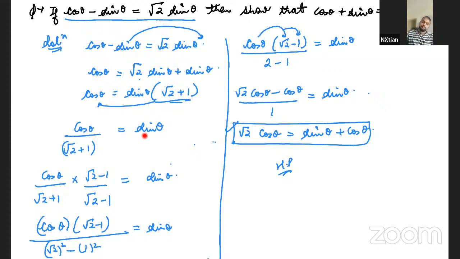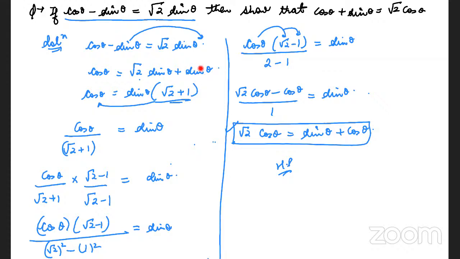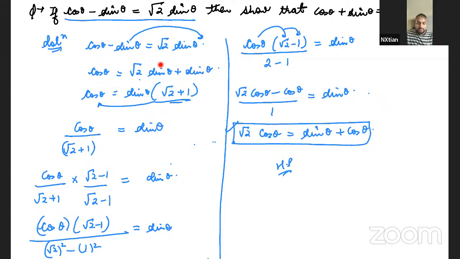Sir, you wrote sin theta as 1. Where? In root 2 sin theta plus sin theta. Because this sin theta is taken out as common, and with this sin theta no coefficient or other value is there, if nothing is there, then 1 will come.